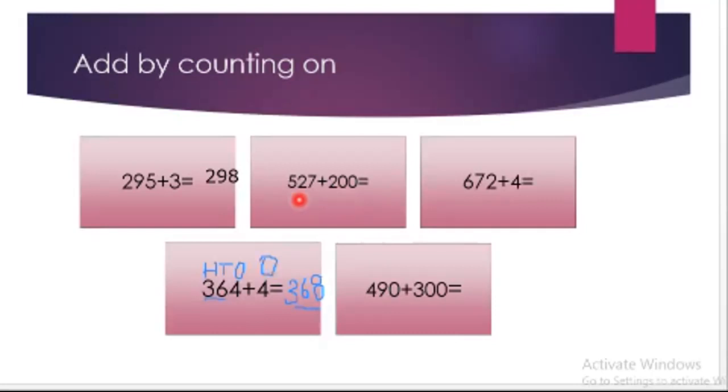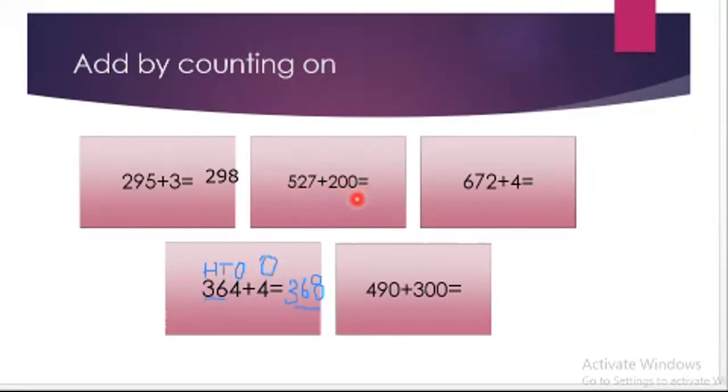How? Repeat after me. 527. So now put your finger on the first finger. Take out the first finger and read that. 627 and 727.